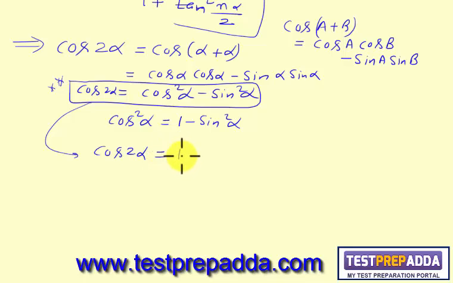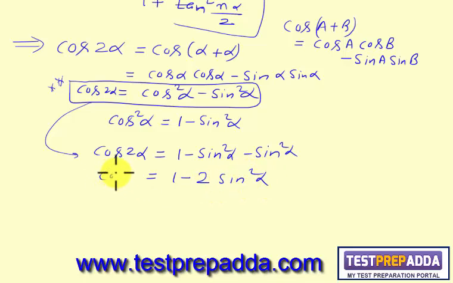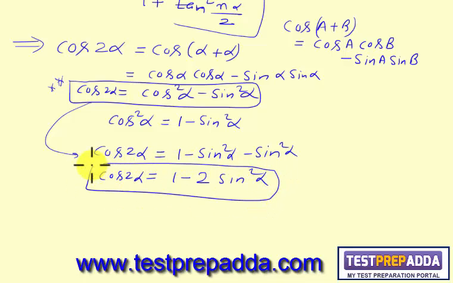It will become 1 minus sin square alpha minus sin square alpha, and that comes 1 minus 2 sin square alpha. So another interesting identity we got.